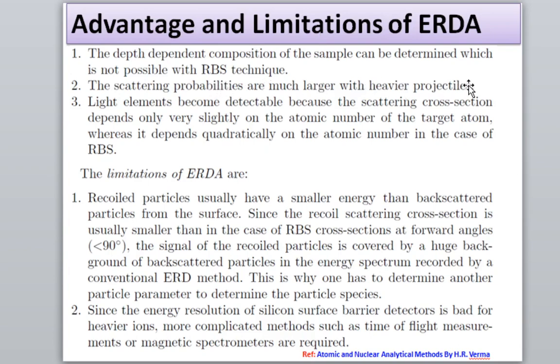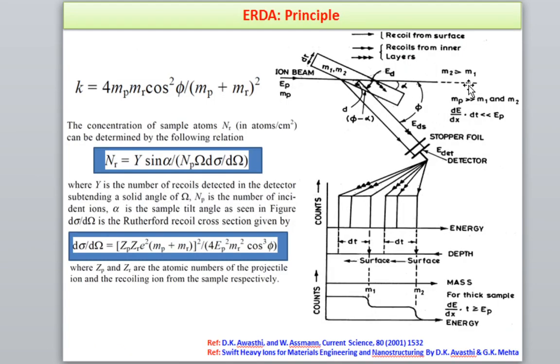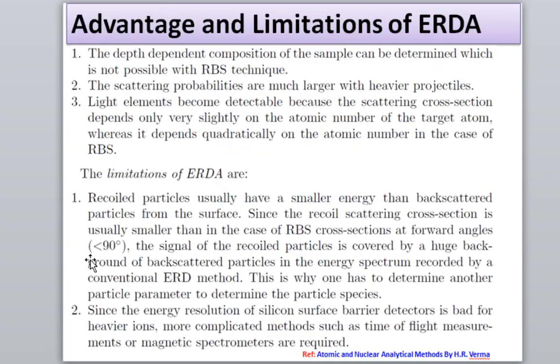Obviously, the scattering cross section, that is the scattering possibility, is very high for the heavier projectile, and light elements become detectable because the scattering cross section depends only very slightly on the atomic number of the target atom, whereas it depends quite radically on the atomic number in case of RBS. So one can detect light elements very easily with ERDA.